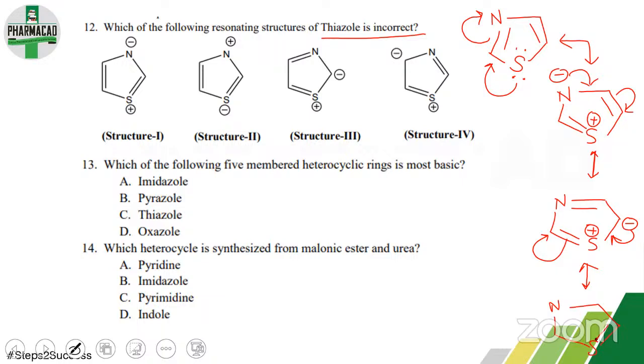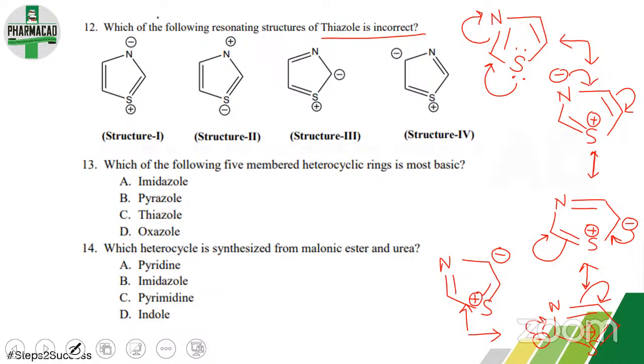Here double bond, here negative charge. When we shift over here, this will get shifted over here. After this, we will get negative charge on this carbon atom. It is with double bond. This is with sulfur. This sulfur still has a positive charge.